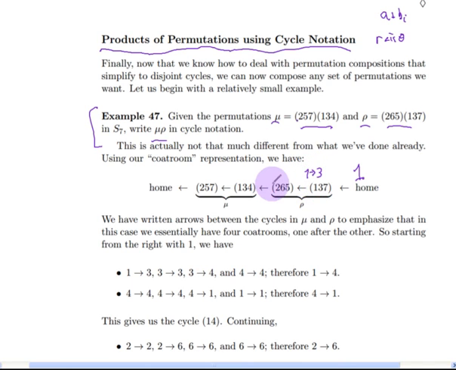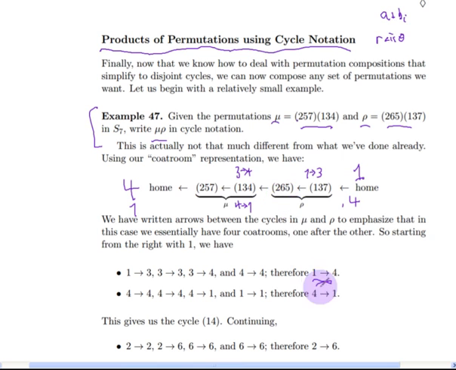This one takes 3 to 4. So as a result, 1 goes to 4. Same answer as down here. You can feed in 4 and see the same thing. 4 goes in here. Nothing's done here. Nothing's done here. If I feed 4 into here, 4 goes back to 1. So 4 goes to 1. So when I do mu composed rho, it takes 1 to 4 and 4 to 1.